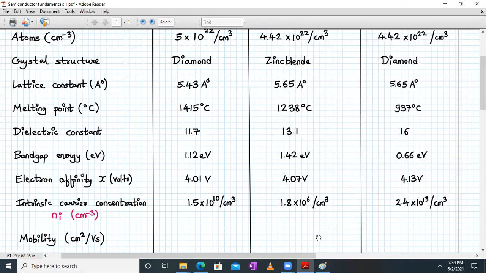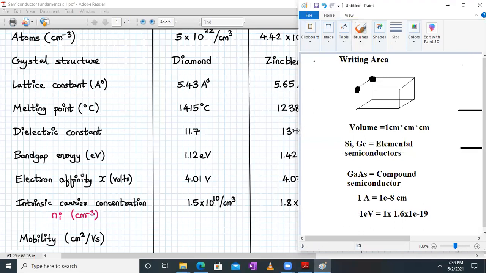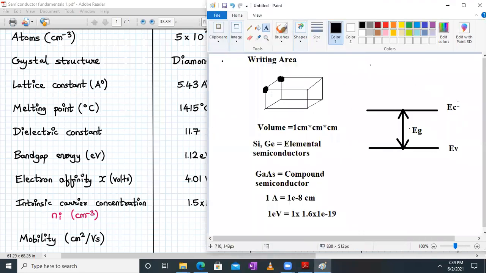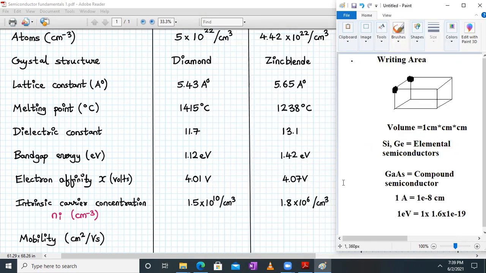The band gap energy is the distance between the conduction band and the valence band, and this is the amount of energy in electron volts. If I want to convert it into voltage, I have to divide it by e, which is the charge on the electron.